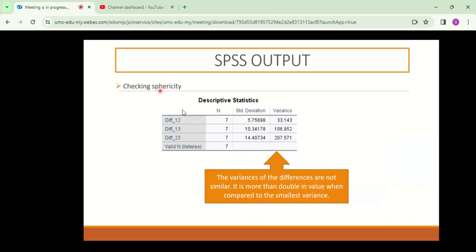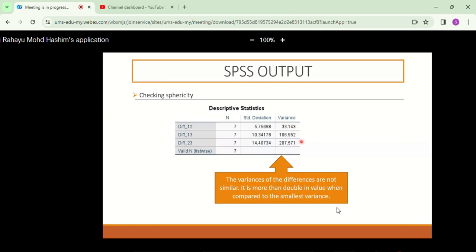And then for the sphericity, as we can see from here, the variances are totally different. Huge difference. The variance of the difference between drug 1 and 2 is 33. Between 1 and 3, the variance is 106, and between 2 and 3, the variance is 207.